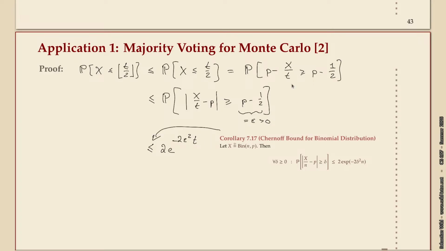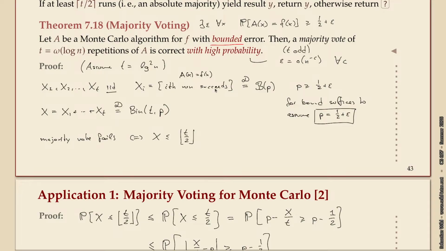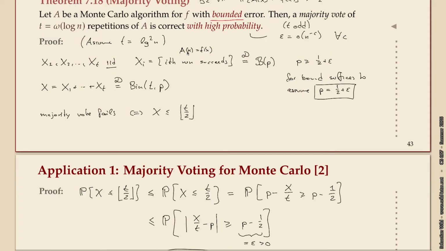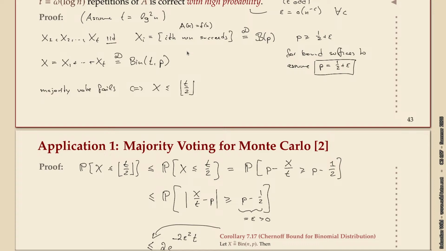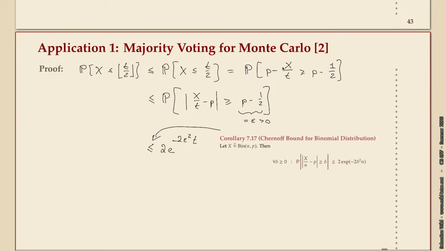So far, so good. That's the probability that t repetitions fail. Now, we're claiming that this is not happening with high probability. And so if you remember what that means, for every exponent c, we have to show that the probability is in this little o of n to the minus c.